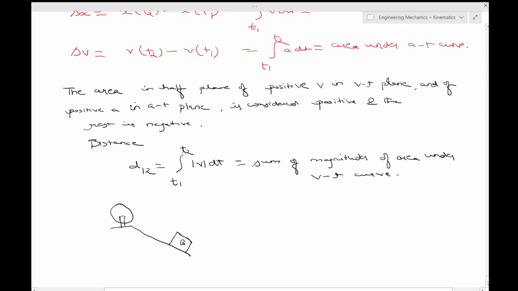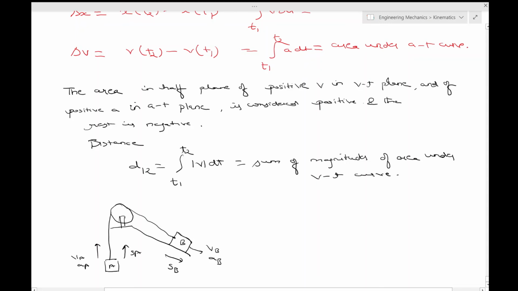You have this pulley, and you have this weight B on an incline. It's moving down with VB and AB. This is the path coordinate SB. This is the path SA. This is going up with VA and AA.